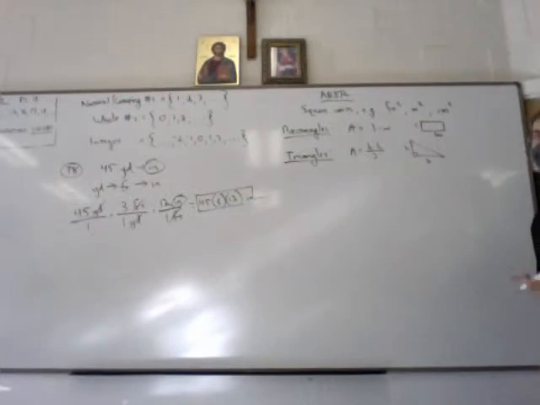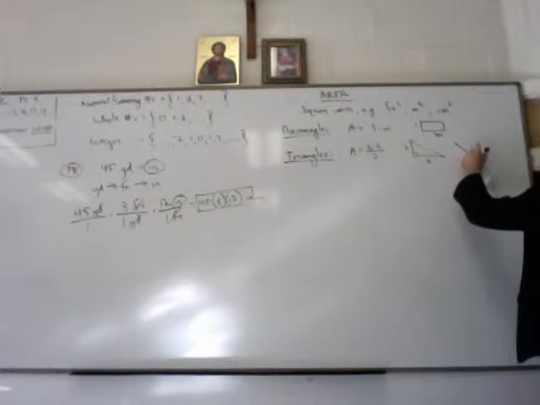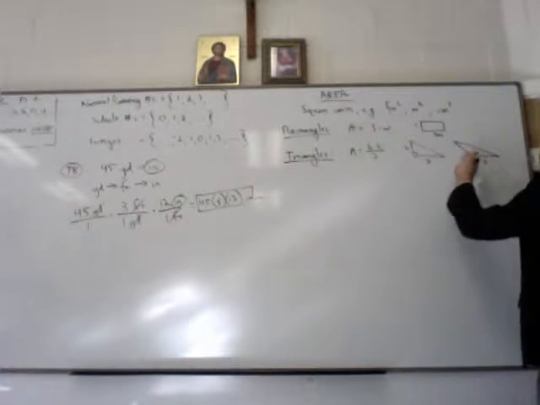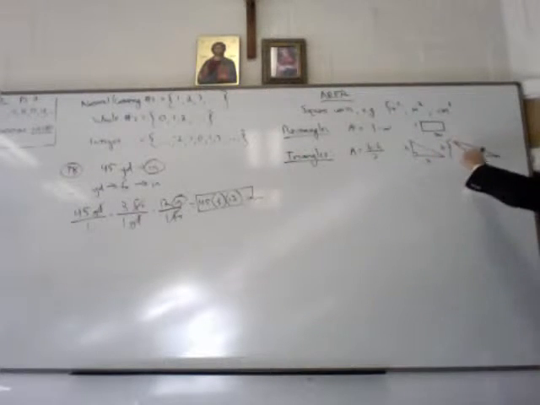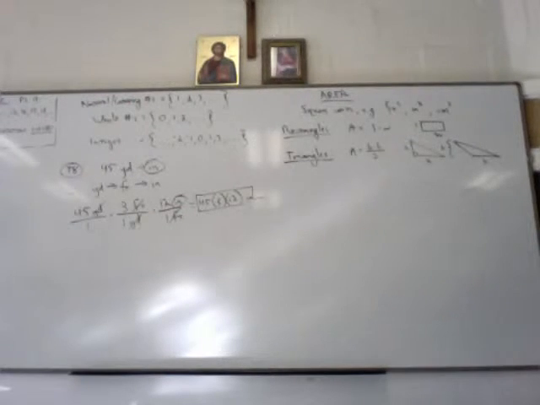The height is the height. One catch is you've got to make sure that the base and the height are at right angles to each other. So if we have a triangle like this, for example, this is the base here. The height is this distance. The height is not the length of that slope there. The height is literally the height of it if it's standing on the base. And they've got to be at right angles to each other.